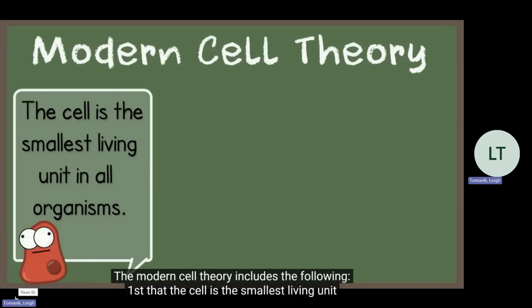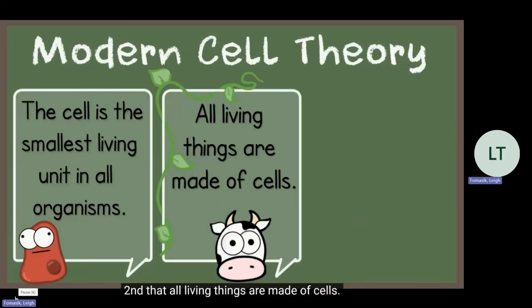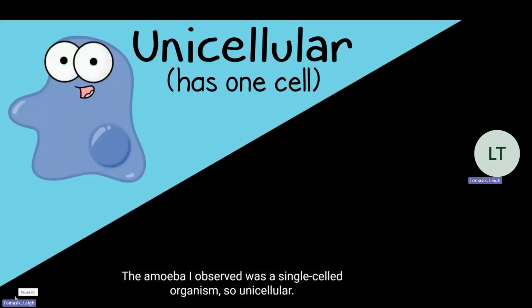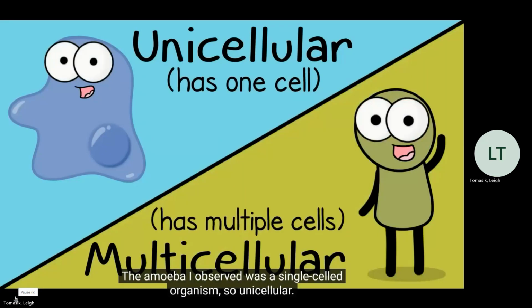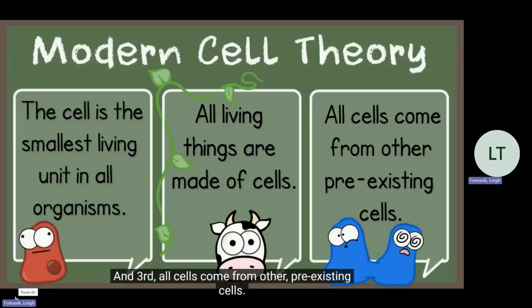First, that the cell is the smallest living unit in all organisms. And second, that all living things are made of cells, one or more cells. The amoeba I observed was a single celled organism, so unicellular. Humans are made of many cells, so multicellular. And third, all cells come from other pre existing cells.